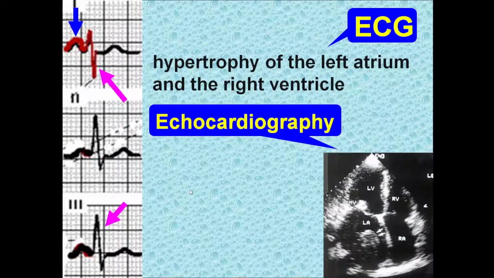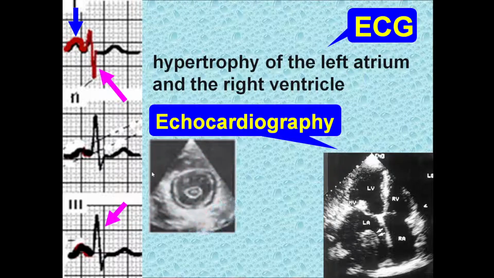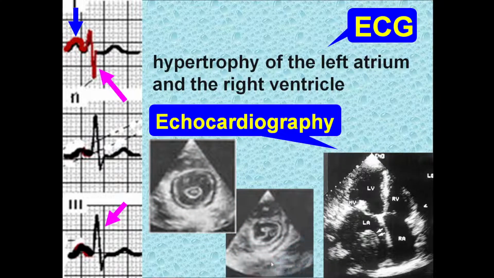Echocardiography helps clarify pathology because we can measure the thickness of the wall and the diameter of the orifice. You see the mitral orifice significantly narrowed compared with normal. In the diastolic period, the right atrioventricular orifice opens completely, the left only slightly.